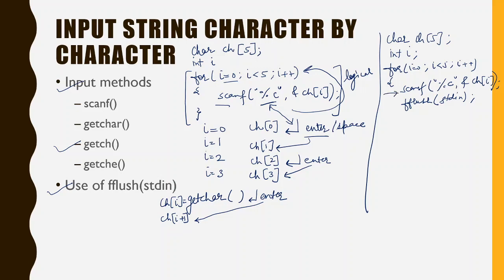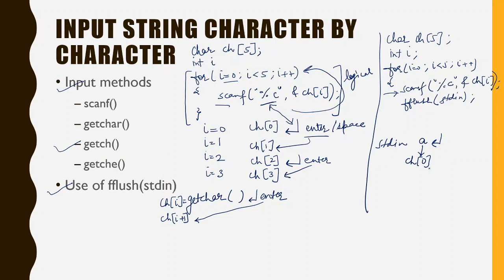Suppose you entered character A and then pressed enter. What is the value of stdin? You write A and then you press enter. A is taken by ch0. Now this enter is left in stdin.